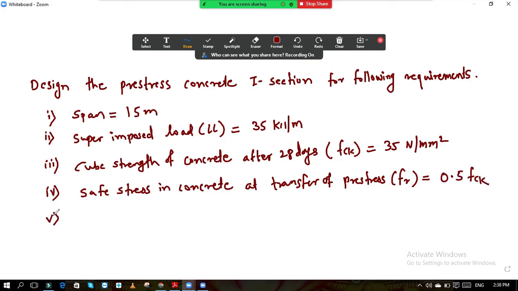And fifth, safe stress in concrete, that is Fc is equal to 0.4 FCK.